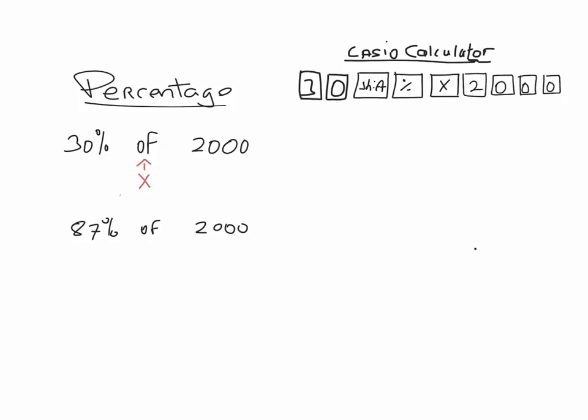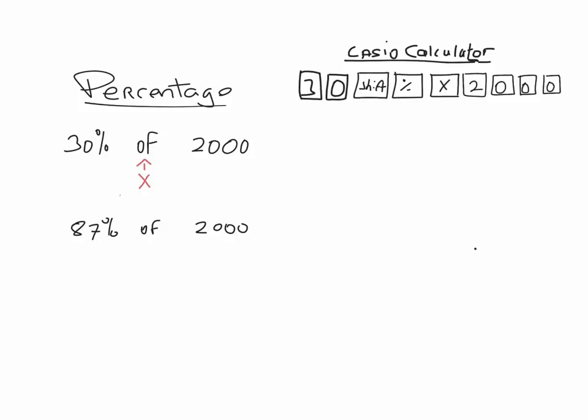Now, the first thing you've got to realize is that the word "of" can be represented by the multiply sign. So when you say 30% of 2000, that's really 30% multiplied by 2000. The first thing I would do before I work something out in a maths problem is roughly figure out in my head what the answer should be.